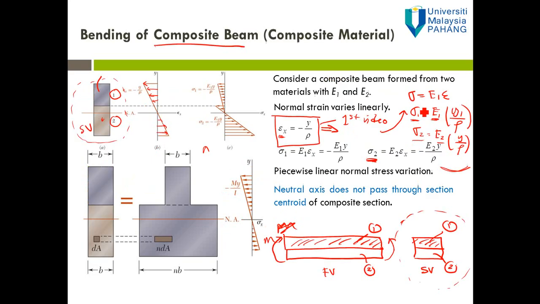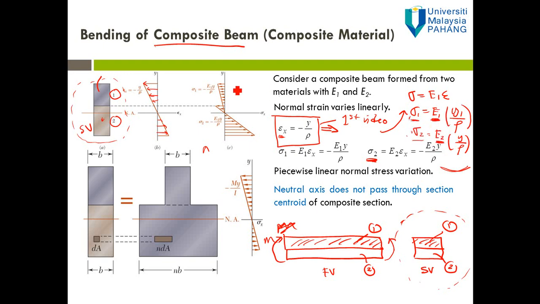If we go back here, sigma 1, the stress for material 1, is equal to E1 times y over rho, and sigma 2 is equal to E2 y over rho. So the only difference between sigma 1 and sigma 2 is the E, and E is the slope.